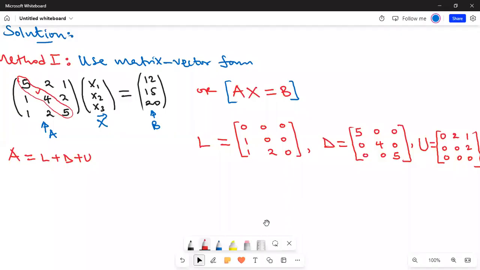So having found L, D, and U, now this is the Jacobi iteration formula that we are going to be using.